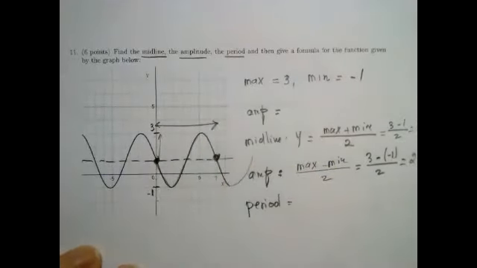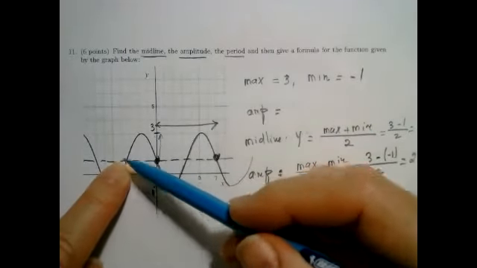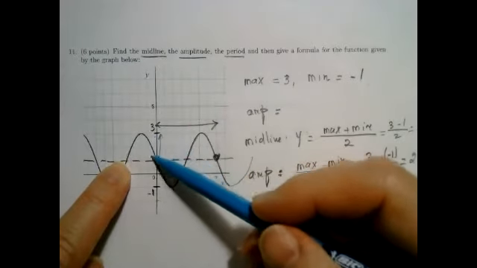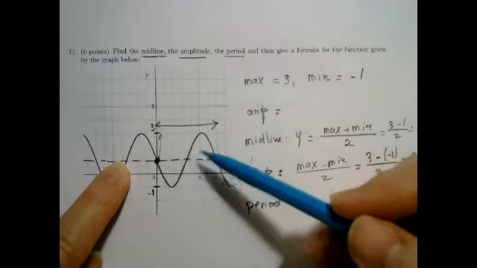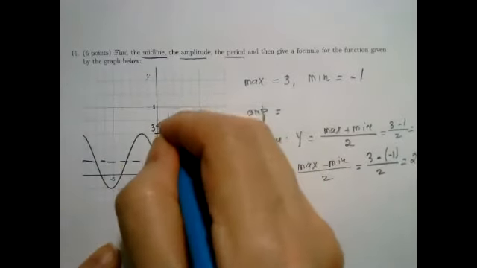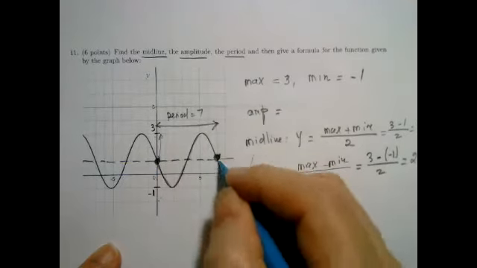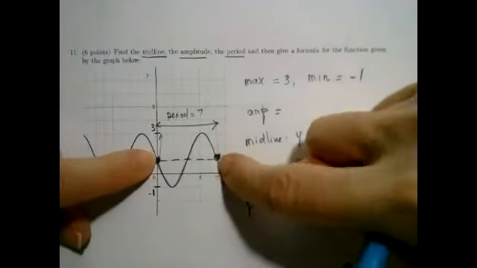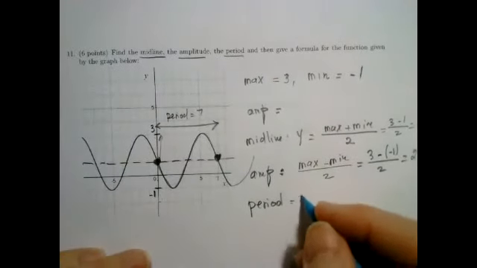Honestly, it doesn't matter where you start. You can start from here if you want and ask yourself how long it takes to finish. You're going to get 7. So regardless of where you start, you're going to get 7. That's the period, which is 7, because after that, it starts repeating. So the period is equal to 7.